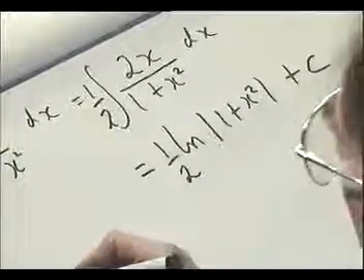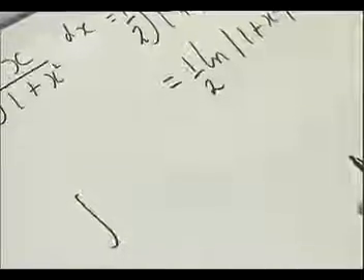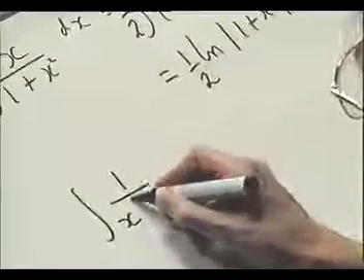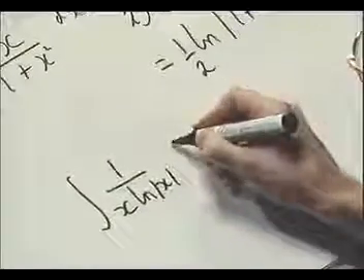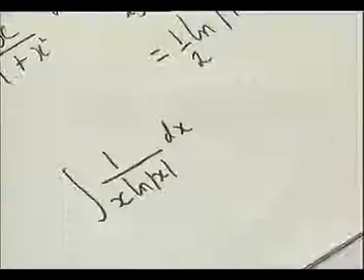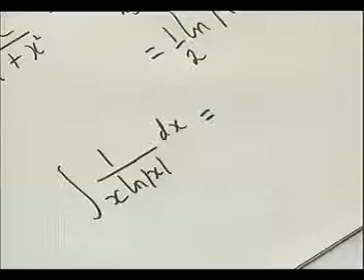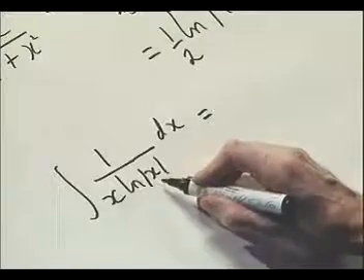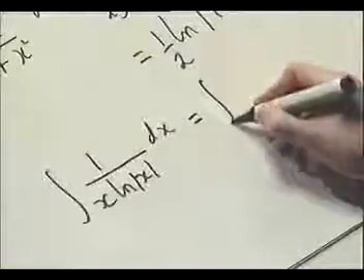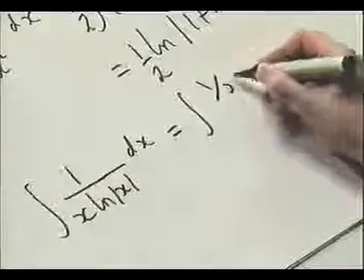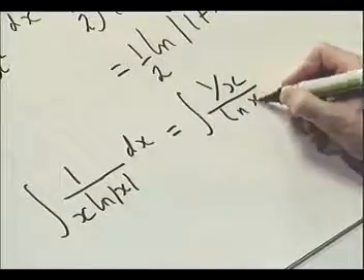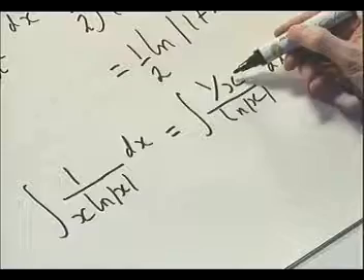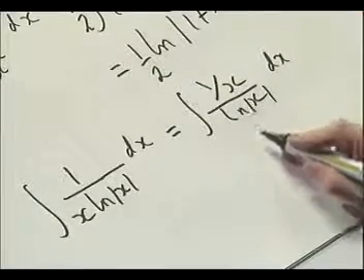We can even have this with what look like very complicated functions. So let's have a look at 1 over x times the natural log of x. Doesn't look like what we've got, does it? But let's remember that the derivative of log x is 1 over x. So if I write this a little bit differently, 1 over x divided by log x dx, then we can see that what's on top is indeed the derivative of what's on the bottom.